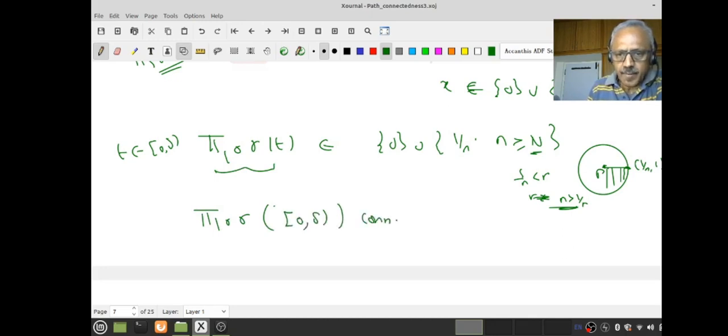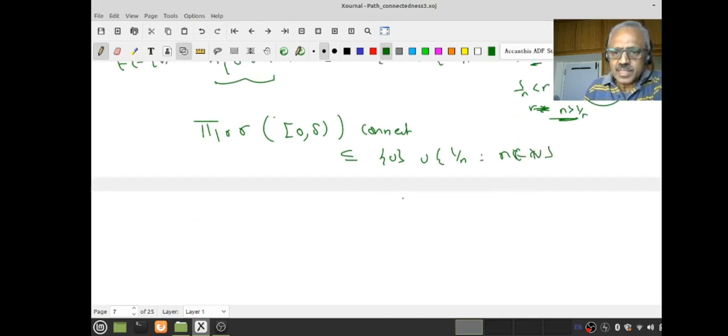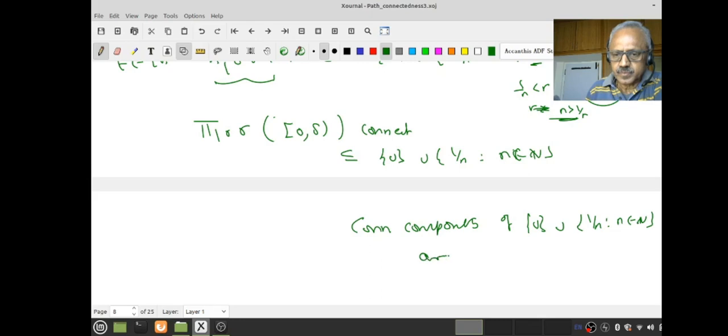connected, but then it's contained in this set {1/n : n in ℕ}. Okay, now what are the connected components of this set? They are singletons, right?